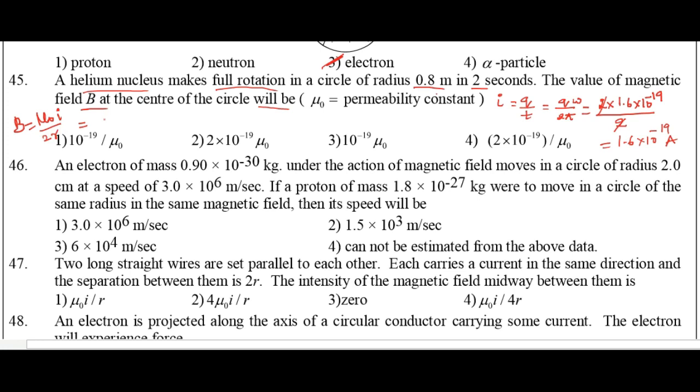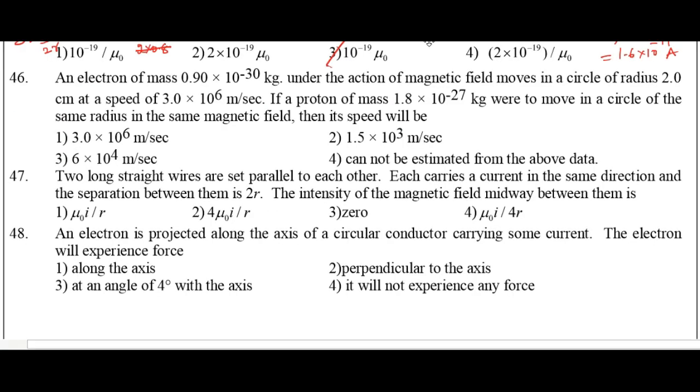Mu naught into I, which is 1.6 into 10 power minus 19, by 2 into the radius 0.8. The 1.6 cancels. So B is mu naught into 10 power minus 19.